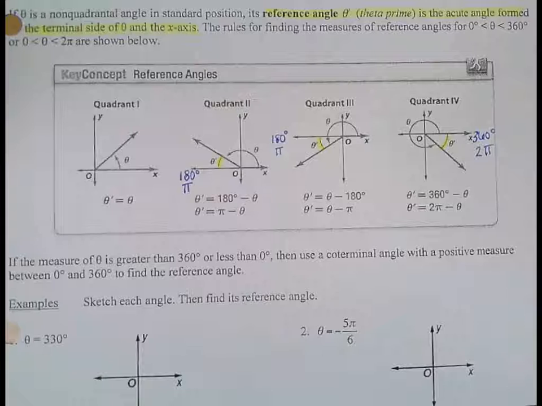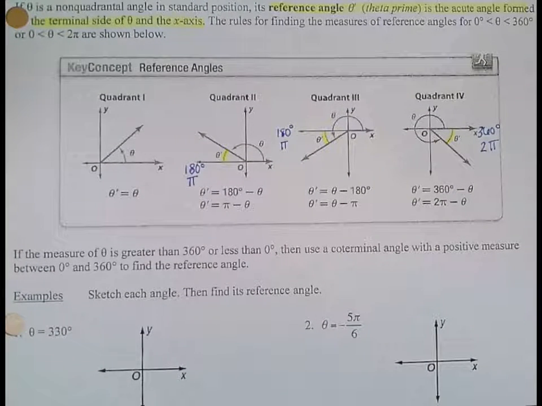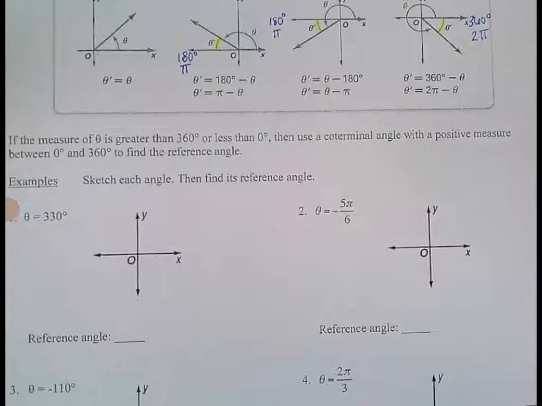To find that reference angle, you could take 360 minus theta or 2 pi minus theta. Your reference angle should always be an acute angle, so it should always be between 0 and 90 degrees or between 0 and pi over 2. And the reference angle is also always positive.